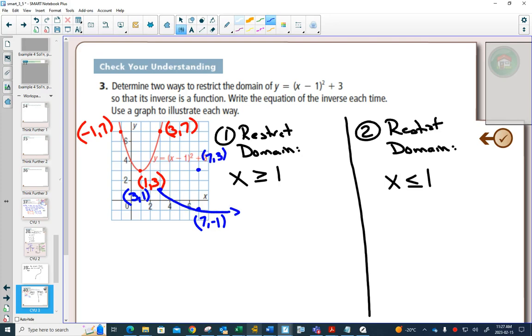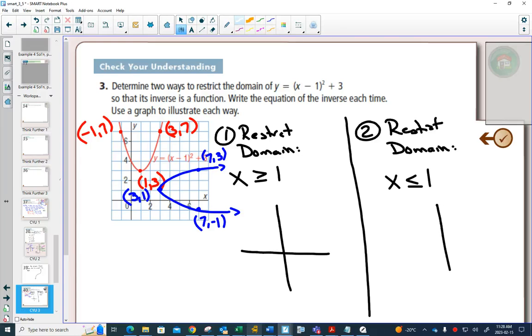And so my parabola has been turned sideways. That's the entire inverse.